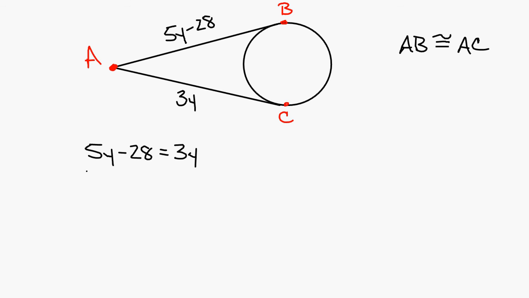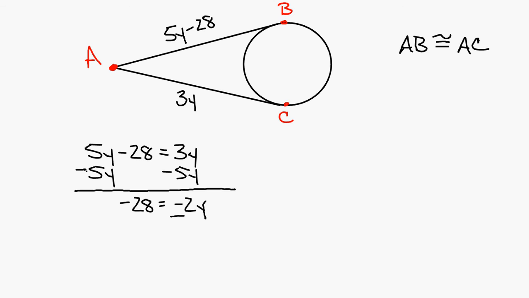You can subtract 5y from each side, and negative 28 would equal negative 2y. Divide both sides by negative 2. And 14 would equal y. Agreed?